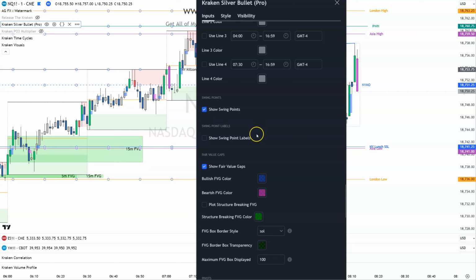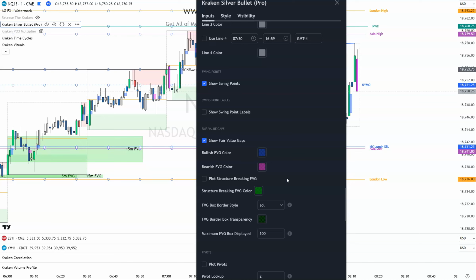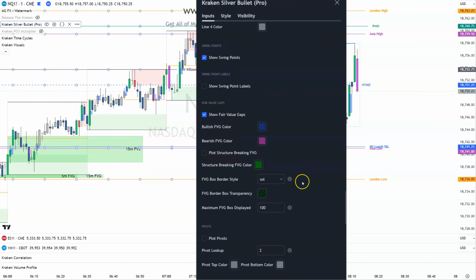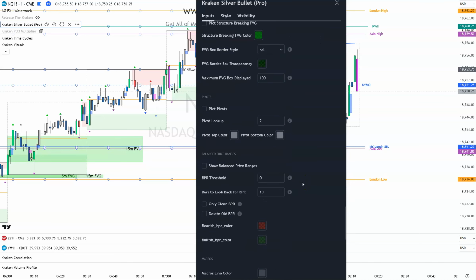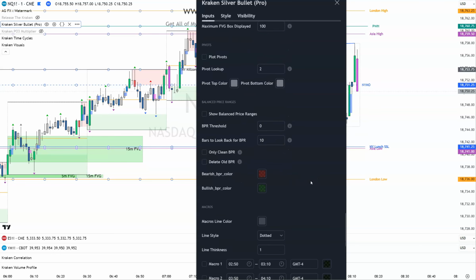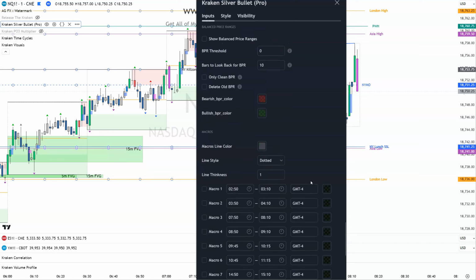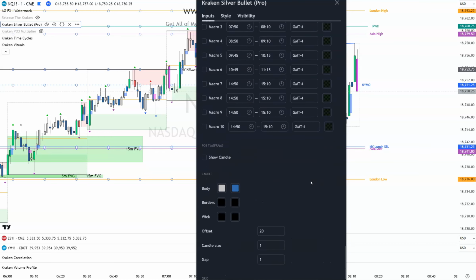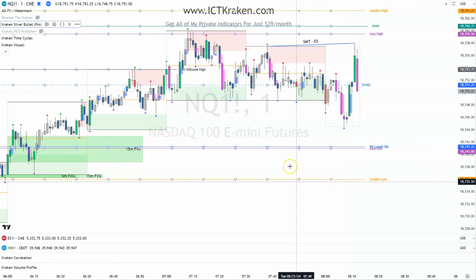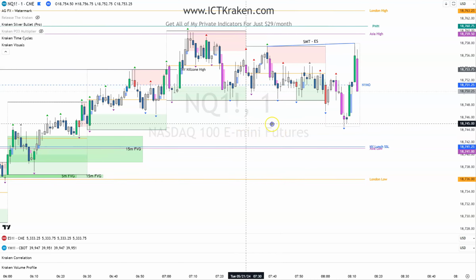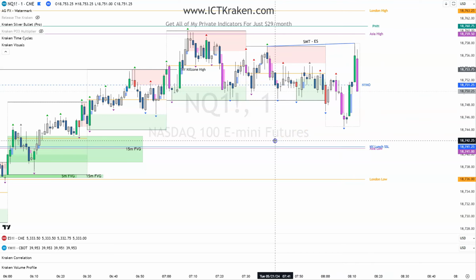I kind of like the swing points, just for the fair value gap. I don't do the pivots. All right, cool. Yeah, I like the swing points. It shows you good swing points.